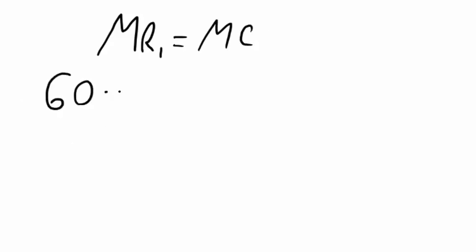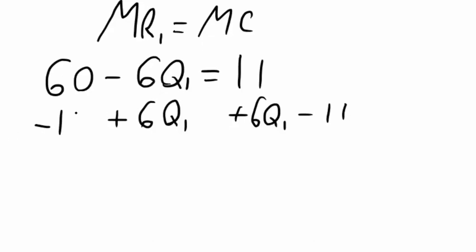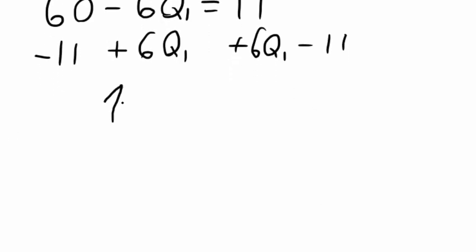Following the profit maximization rule of marginal revenue equals marginal cost, we set 60 minus 6Q1 equal to 11. We add 6Q1 to both sides and subtract 11 from both sides, and we get 49 equals 6Q1.